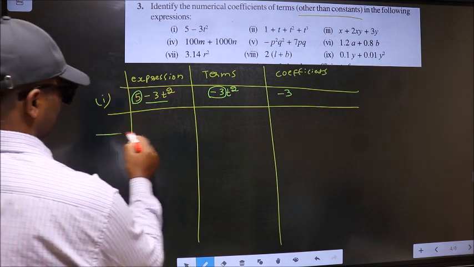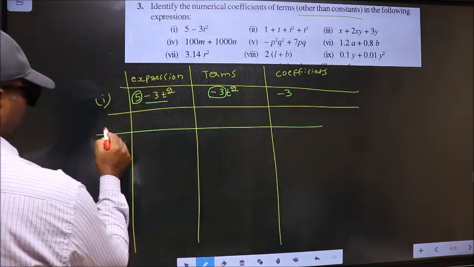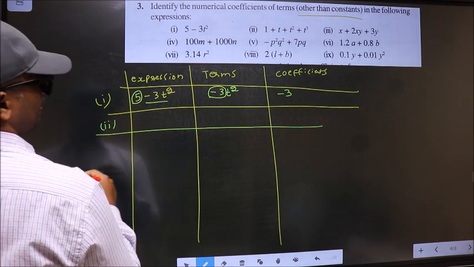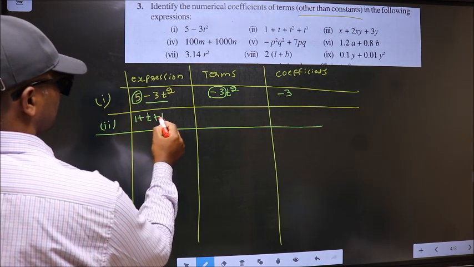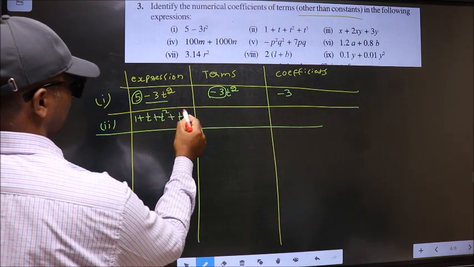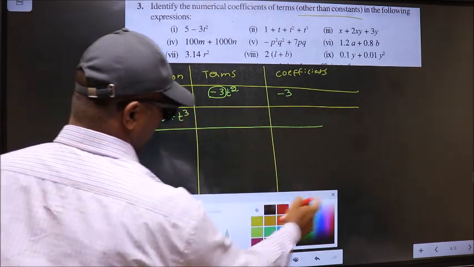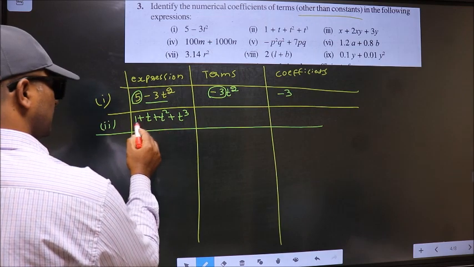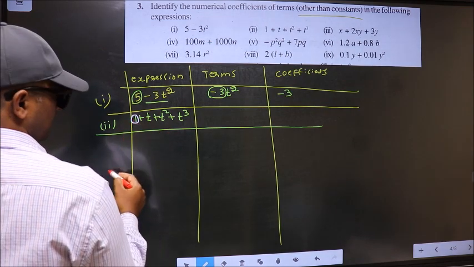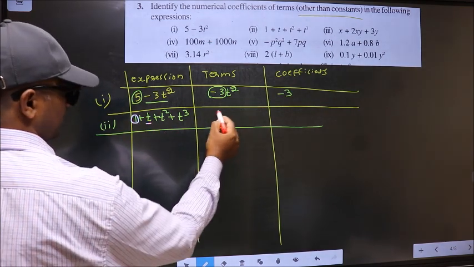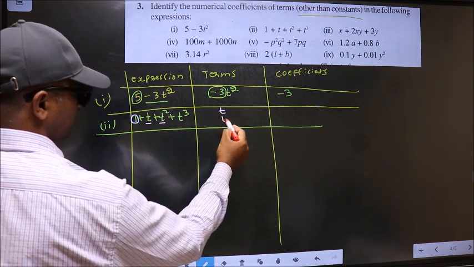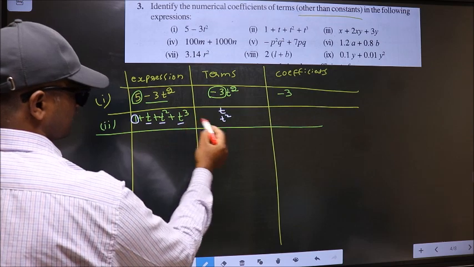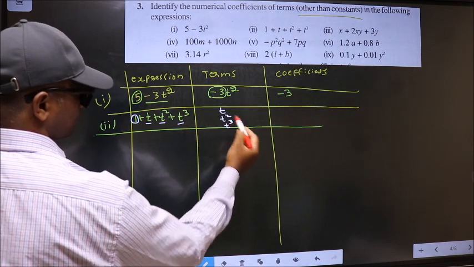Next, the second one: 1 plus t plus t square plus t cube. Now in this expression 1 is a constant, so leave it. The other terms are the t term, the t square term, and the t cube term.